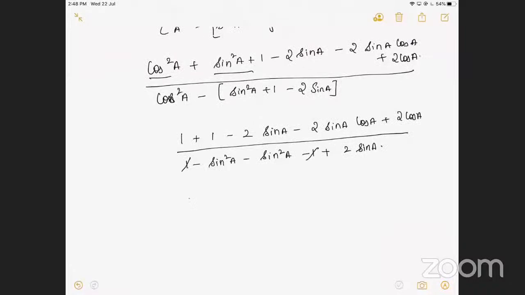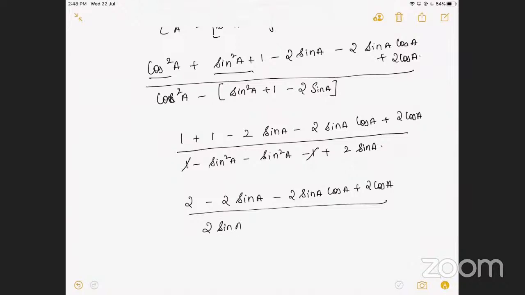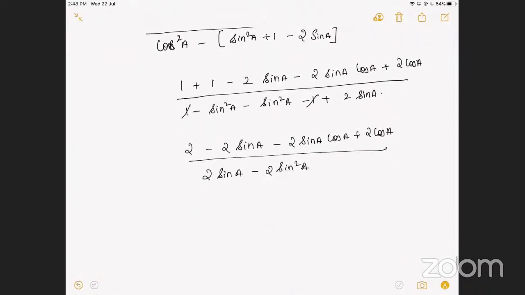So now in the numerator we have 2 minus 2 sin A minus 2 sin A cos A plus 2 cos A, divided by 2 sin A minus 2 sin square A. So from the numerator and the denominator, if you take 2 common, can I cancel out all the 2's? So I'll be left with 1 minus sin A.